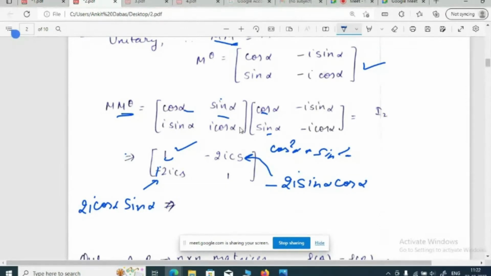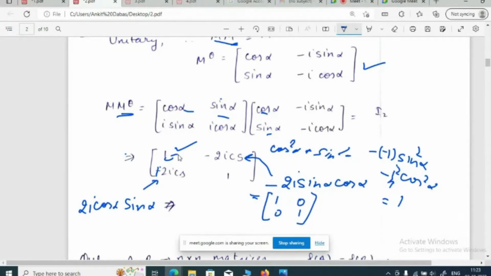The last term is minus iota square sin square alpha minus iota square cos square alpha, which is again 1. So the matrix is 1, minus 2 iota sin alpha cos alpha, 2 iota sin alpha cos alpha, and 1. And this is equal to the identity matrix because this is a unitary matrix.